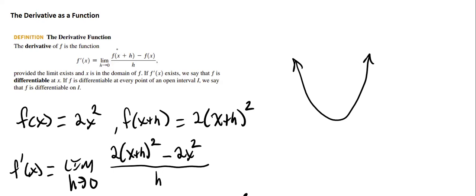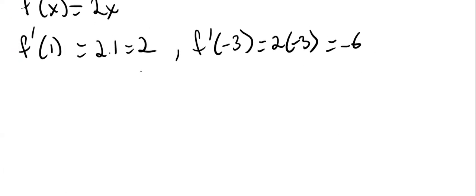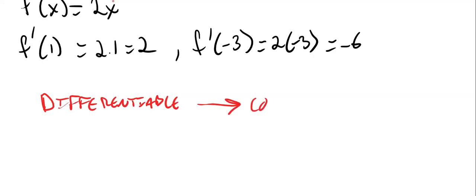If we get a limit and that gives us a number, if it's differentiable, then the function has to be continuous at that point. If it's differentiable, it is continuous. Okay, so let me just write that. Differentiable implies continuity.